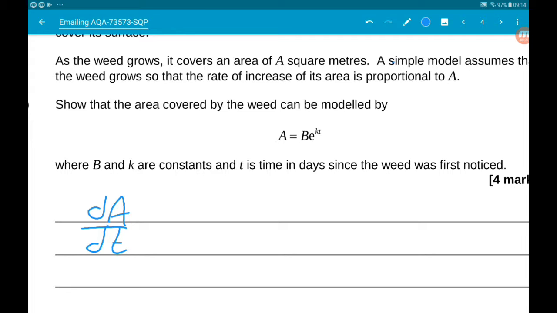Now we know that that is proportional to the area. So first of all we should say that it is proportional to the area.